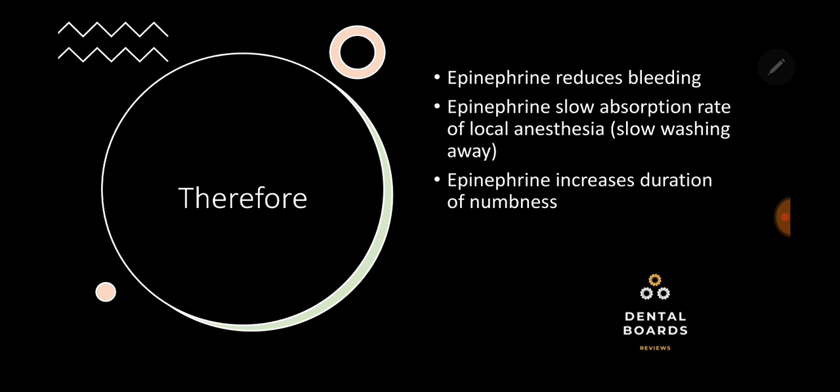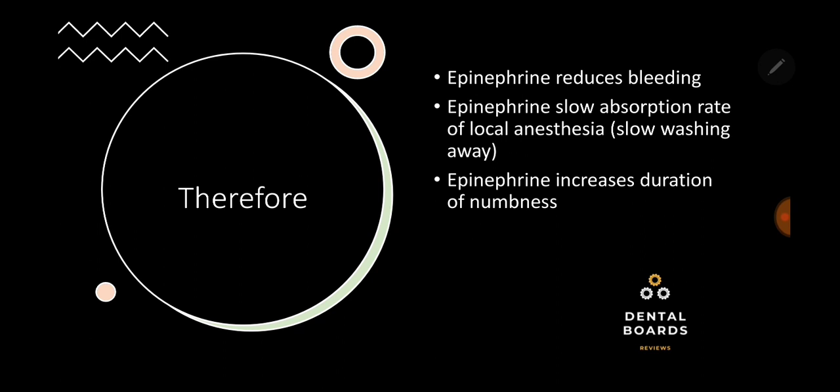So therefore, epinephrine narrows the blood vessels. In somebody who is on blood thinners, if you use lidocaine with epinephrine, it's going to decrease the amount of bleeding, and epinephrine also slows the absorption rate of local anesthesia.